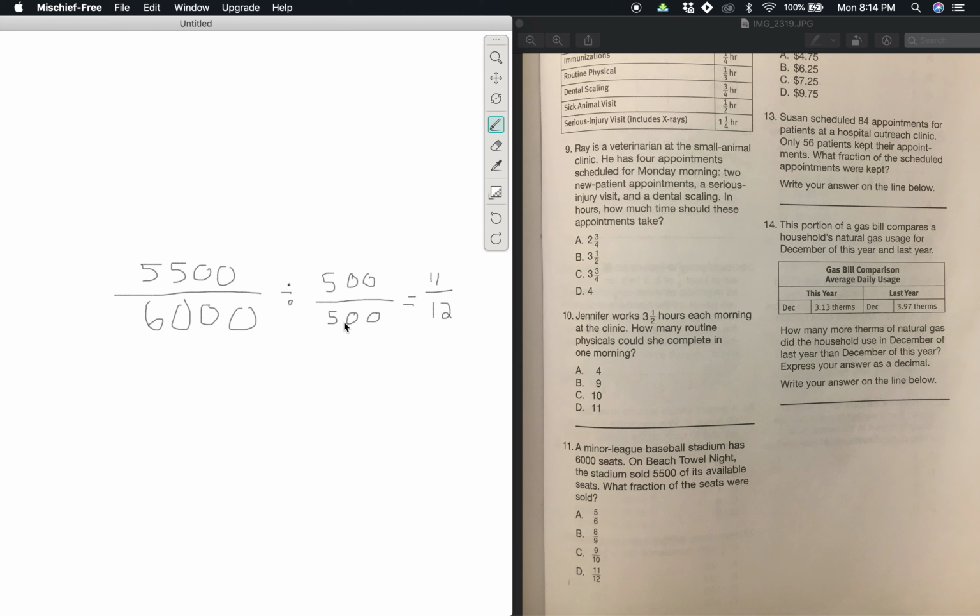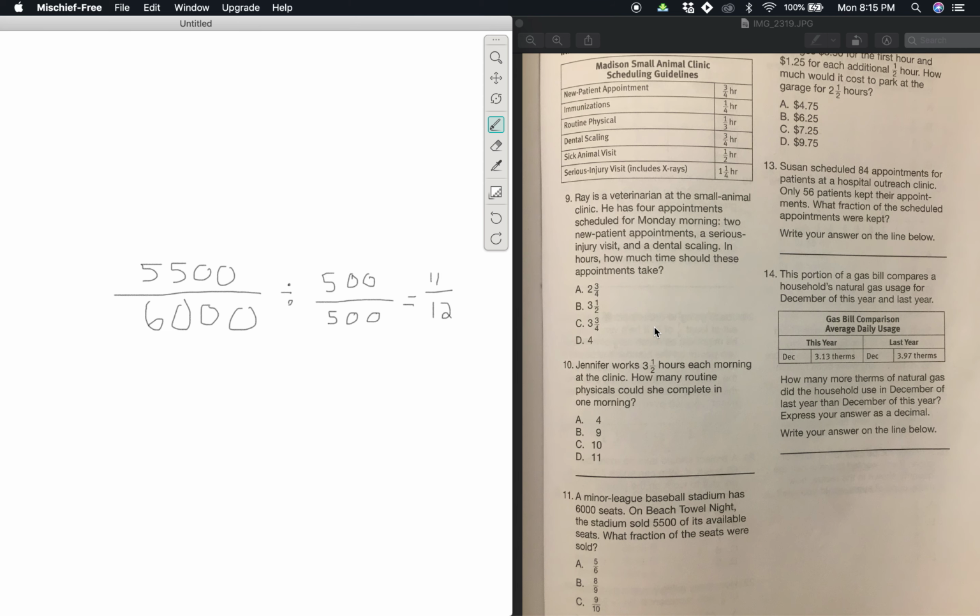So we're up to 3,000, which is half of 6,000, and it took 6 500s. So you can just keep counting up, or if you know that 3,000 is half of 6,000, then you just double the 6, which is 12, which is what we got here. Same thing with the one up here. You can't double it because it's 5,500, but you can simply count up to 5,500 by 500s.